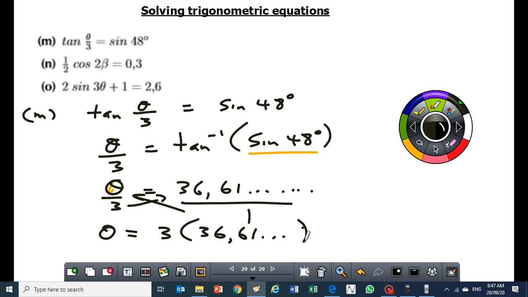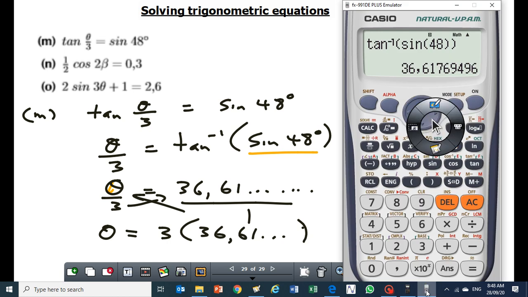Are you following there? I'm not rounding off the answer in the calculator because if I round it off, it will exaggerate my final answer. This value that you have on the calculator there, that's not the answer. We want theta. So to get theta, let's use all the digits without rounding it off. Once I write theta equal to 3 times 36,61..., I just have to multiply that by 3.